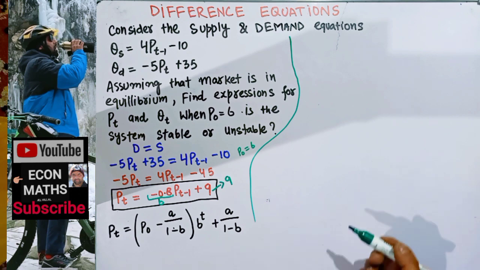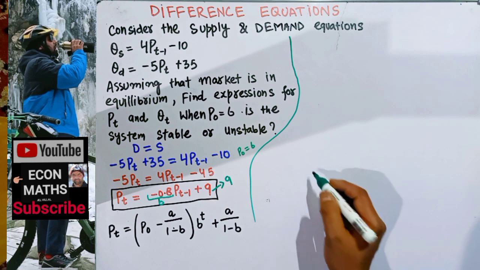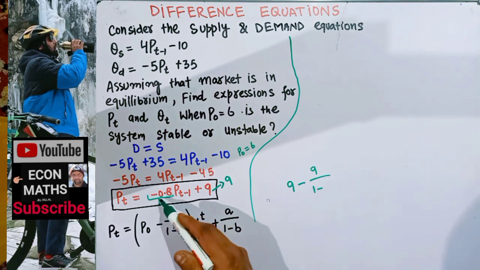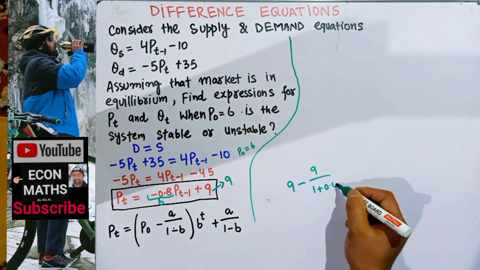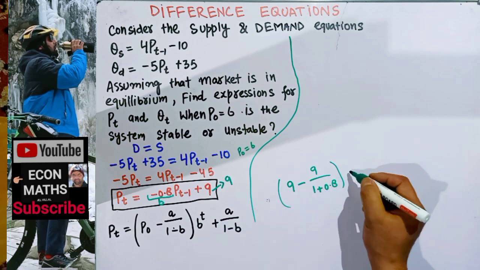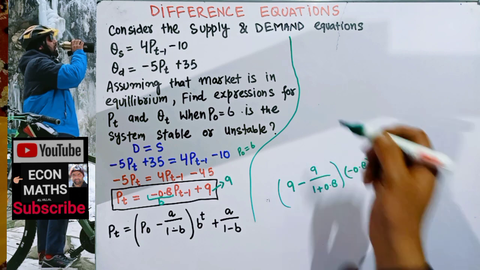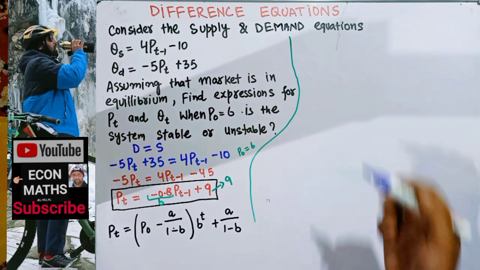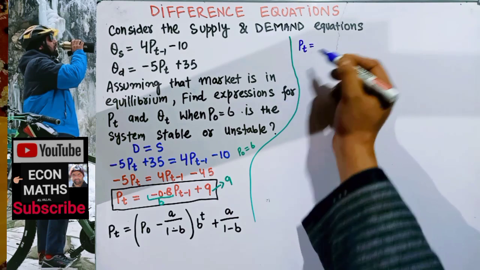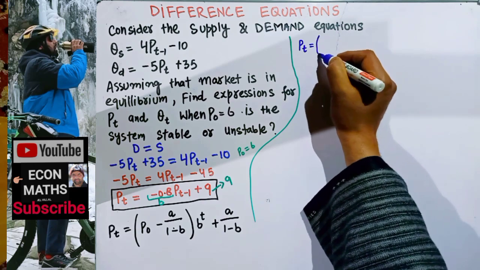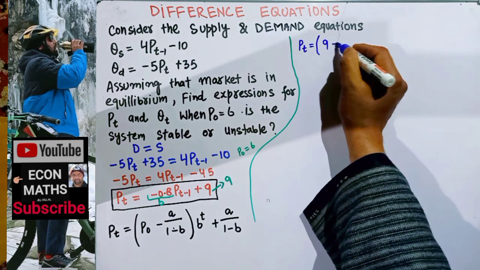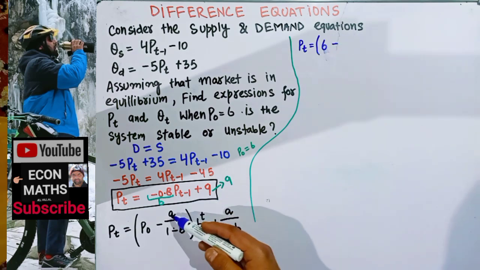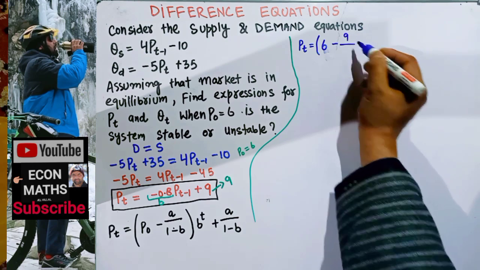If we solve this, our pt, that means the time path for price, will be equal to p naught, which is given as 6, minus a, which is 9, divided by 1 minus b.